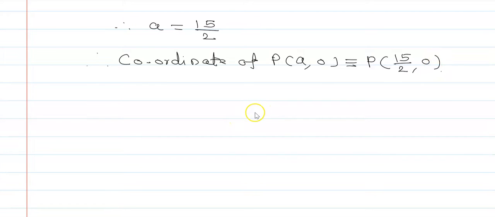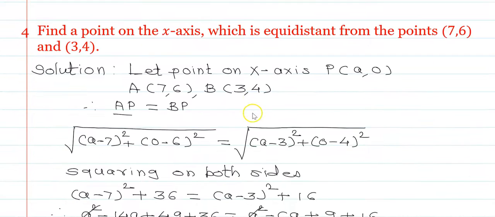This is the point P, whose distances from A and B, the other 2 points, are equal. You can see this also here.